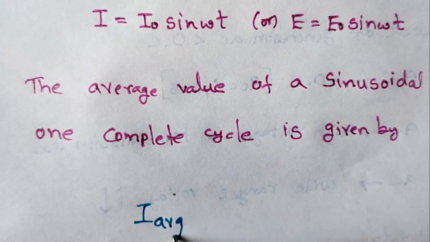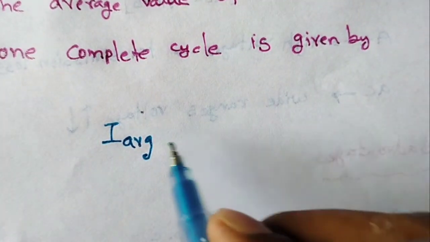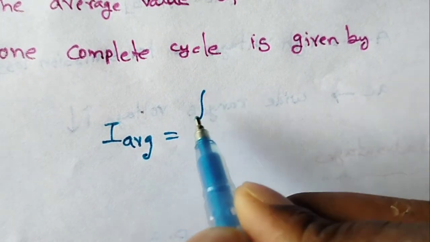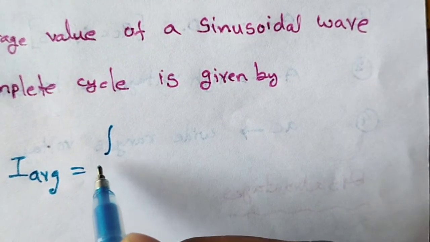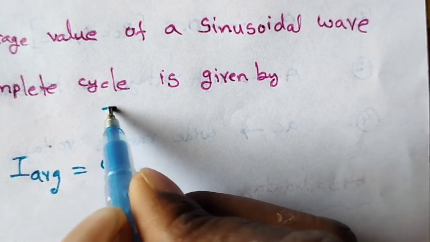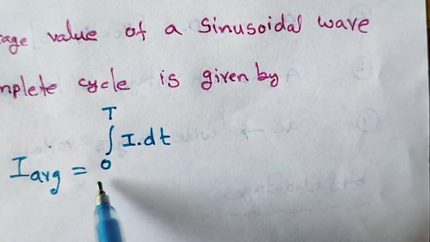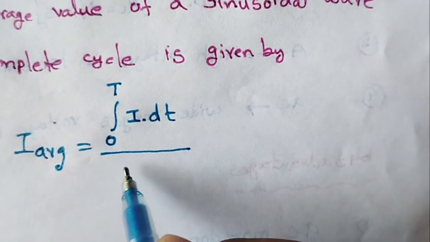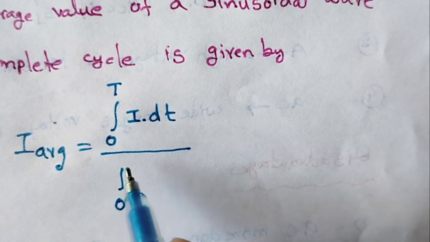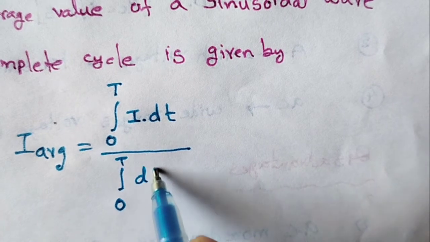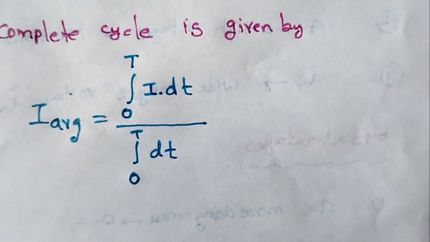I average is equal to the integral from 0 to capital T of I dt, divided by the integral from 0 to T of dt. This is the I average formula.